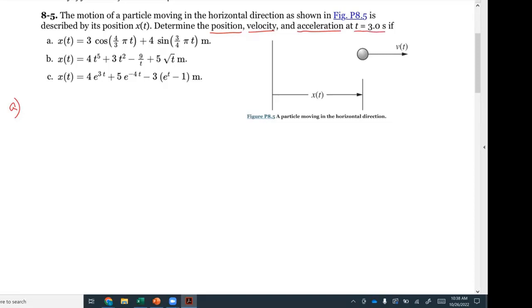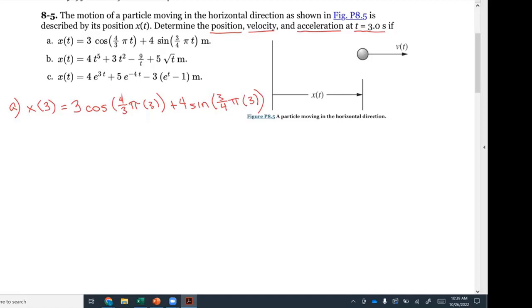So the first thing I want to do is plug in 3 for t, and that gives me 3 cosine of 4/3 pi times 3 plus 4 sine of 3/4 pi times 3.